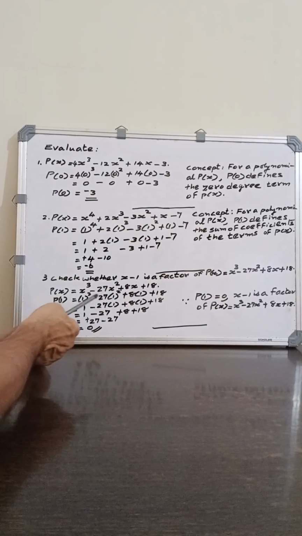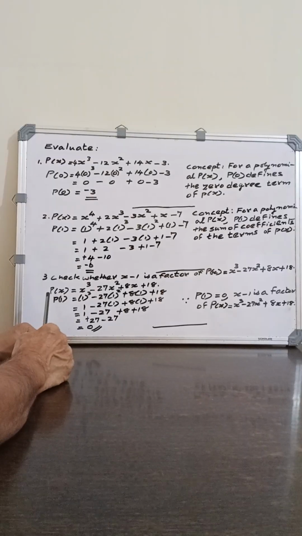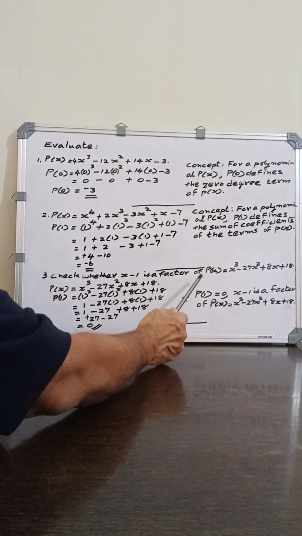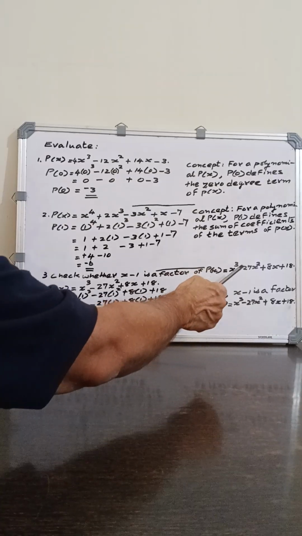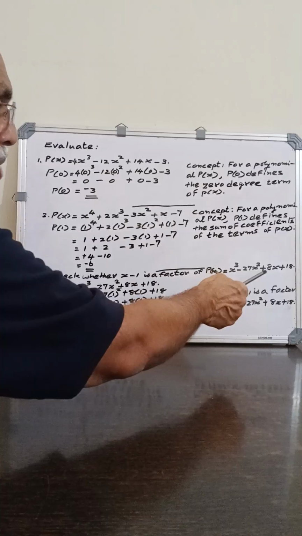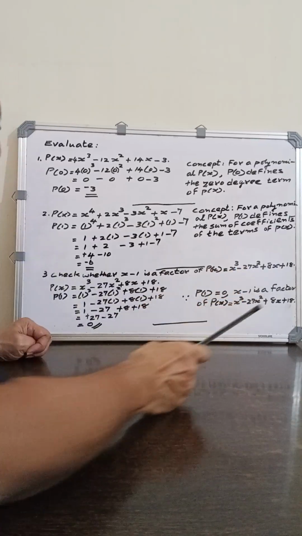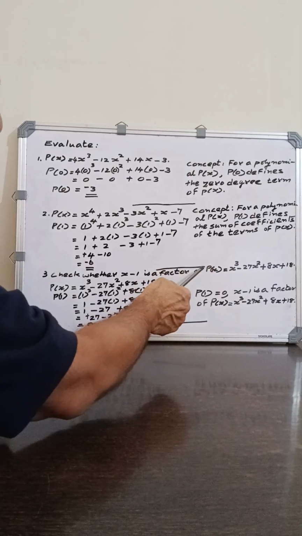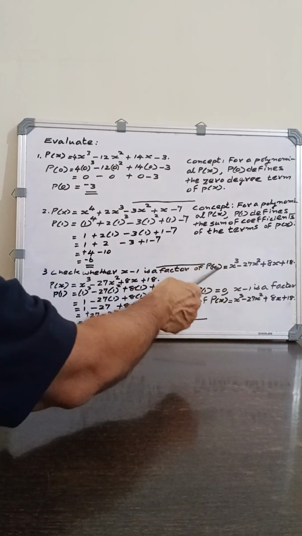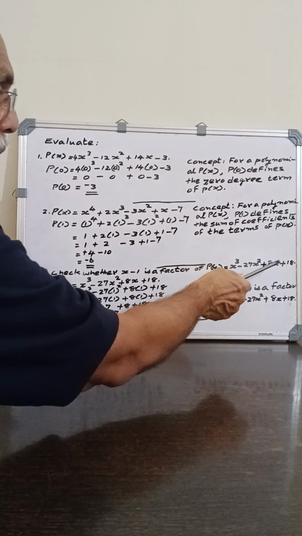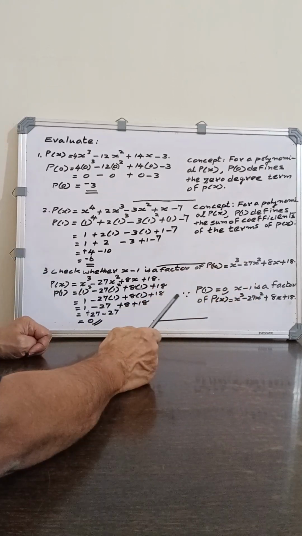Now we are going for the third one. Check whether x minus 1 is a factor of P of x equals x cubed minus 27x squared plus 8x plus 18.